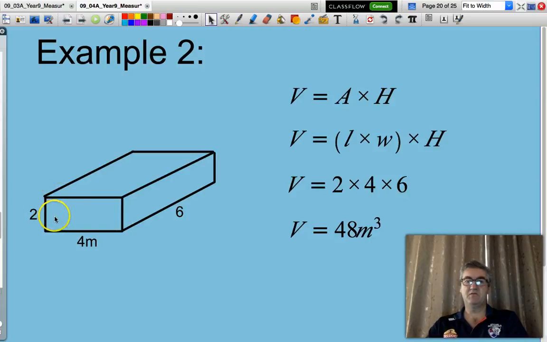That's my base, this area here, and multiply by the height. So area of this base is 2 multiplied by 4, and I need to multiply that by 6, which is the height of my prism. So there you have it. And I think we have one more example.